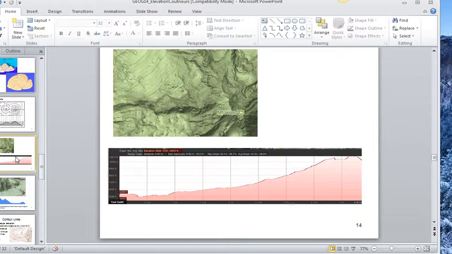Google Earth is really lovely because it will show you that profile. So here is the top of Mount Hood, and this is climbing from that slope up to the top. You can see here those contour lines are farther apart, but right here those lines get much closer together, so it's more steep.